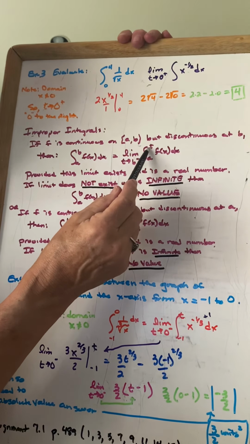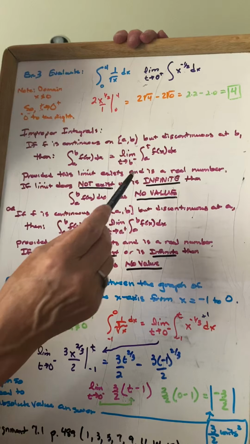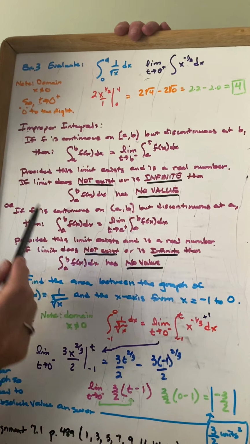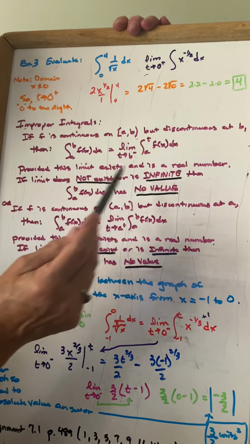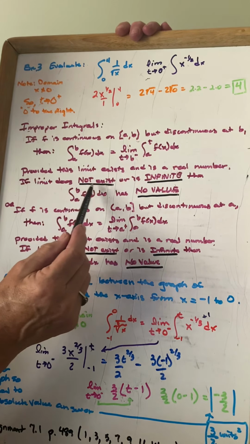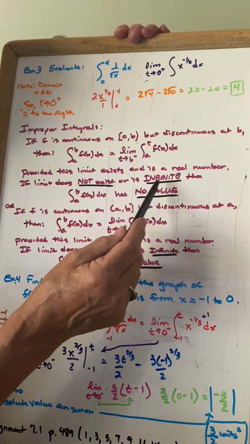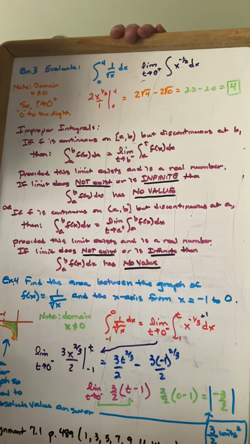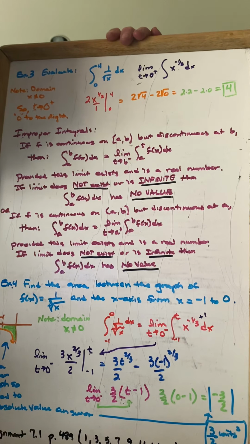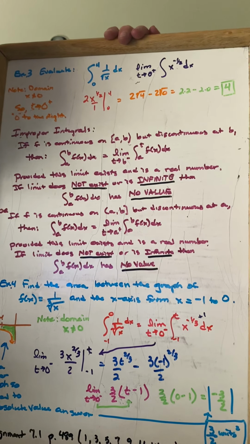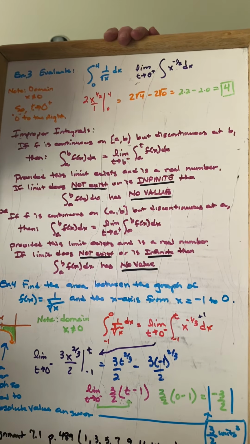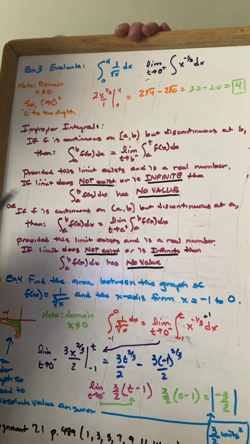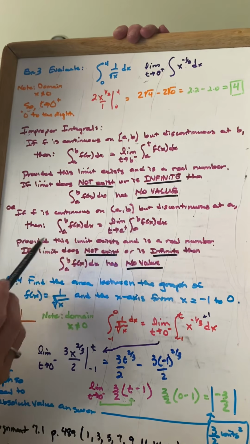So if it's on the top that you have the parentheses, it's from the left. A to t of f of x dx. Provided this limit exists and is a real number. If the limit does not exist or is infinite, then the integral of a to b of f of x dx has no value. So again, remember in the last problem when we got infinite, it is no value if it has an infinite answer.